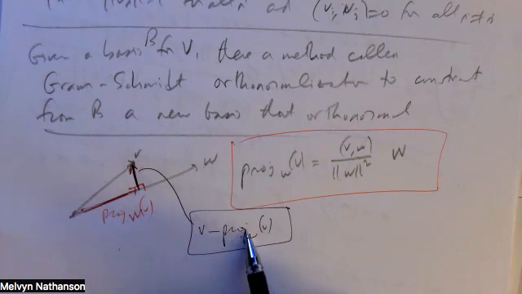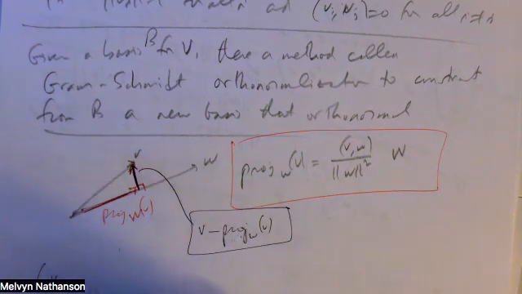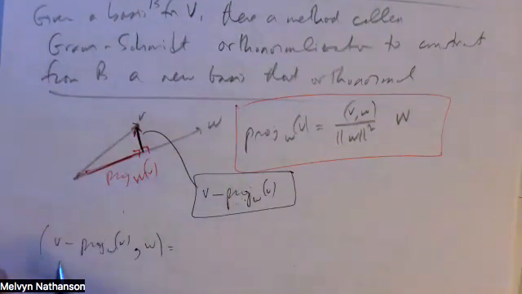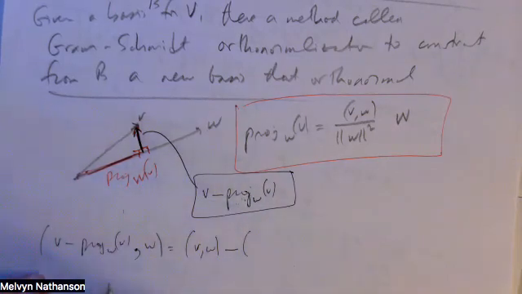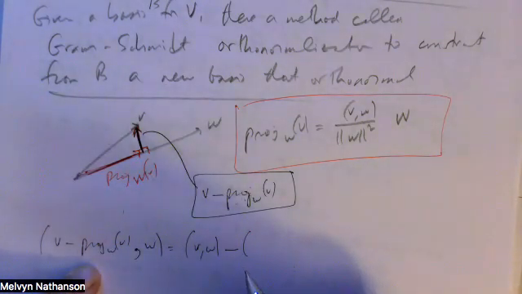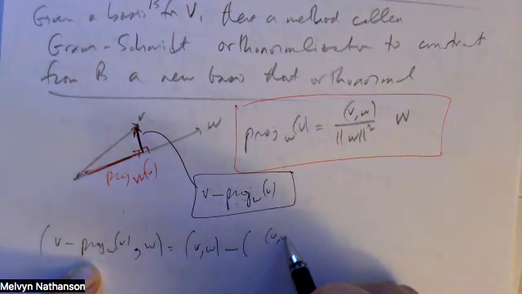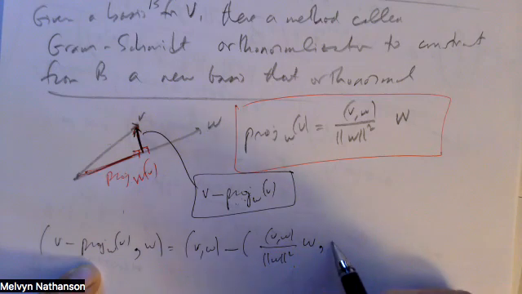It means the inner product of this vector with W has to be 0. So let me compute the inner product of V minus the projection of V in the direction of W with W. By the bilinearity of the inner product, this is the inner product of V and W minus the inner product of the projection with W. And the projection is the inner product of V and W over the length of W squared, times W, inner product with W.